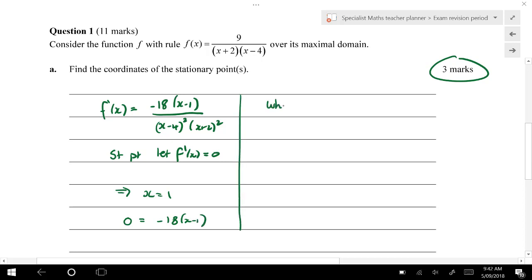So therefore, when x equals 1, we need to find the y coordinate. f of 1 is equal to 9 over, subbing that in, 1 plus 2 is 3 times minus 3, which is minus 1. So therefore, we have a single stationary point at 1, minus 1. That's it. Nothing more required.